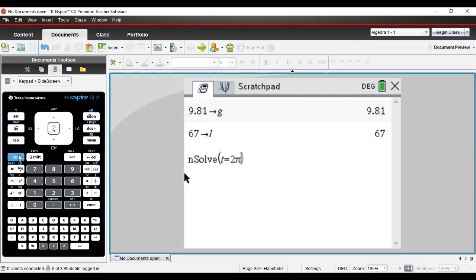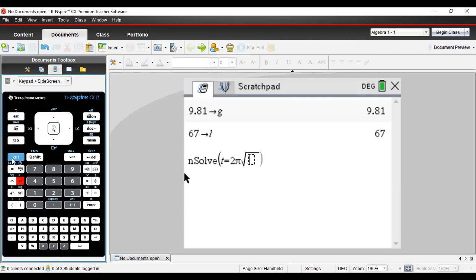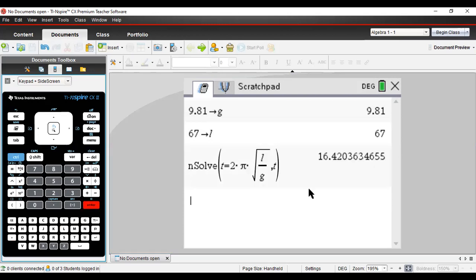And then we have the square root of L over G. Then I get outside of this, and the very last thing I do is comma, and then the variable that I'm solving for. So I'm solving for T, press enter, and it says it's going to take 16.42 seconds.